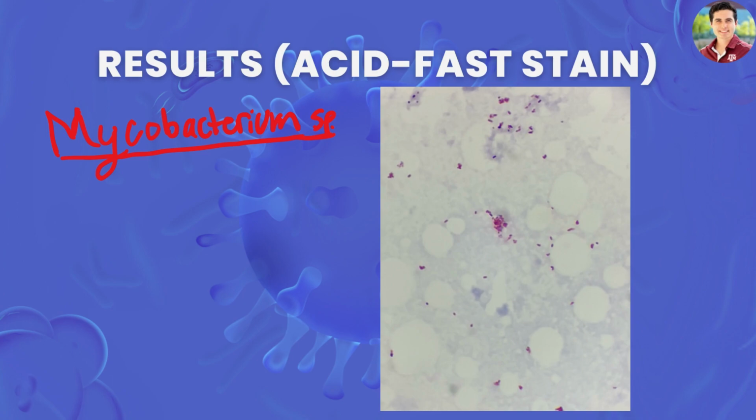As for the cell shape, Mycobacterium species are typically slender or rod-shaped bacteria, meaning they are bacilli and can be straight or slightly curved.